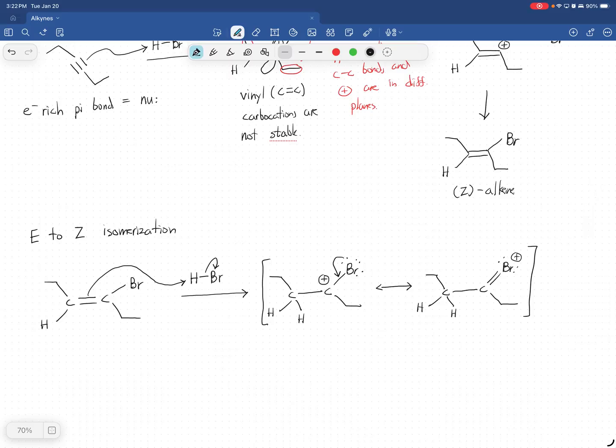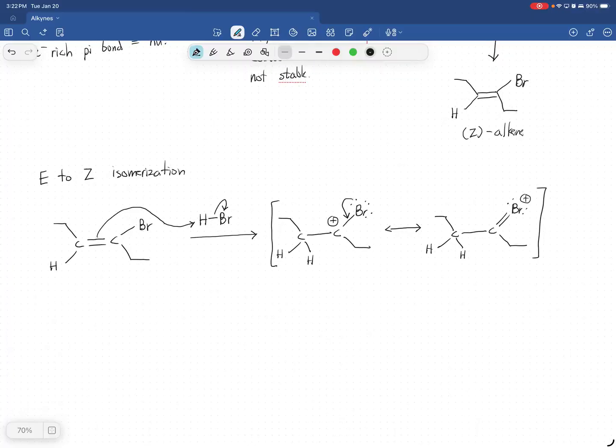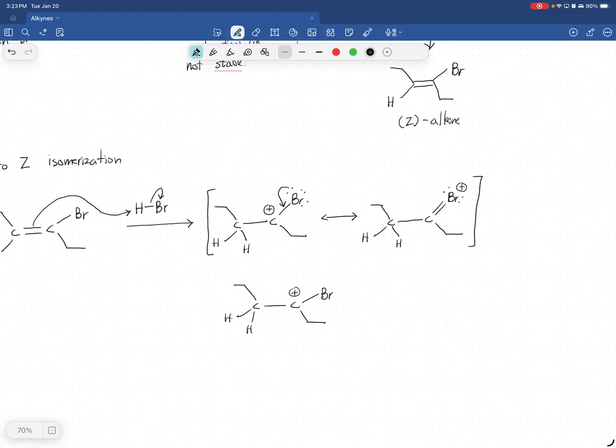Okay, so now we've got to look at this structure. So let's redraw this structure again, just so I can keep the resonance form here. Now we need to somehow get to the cis alkene.